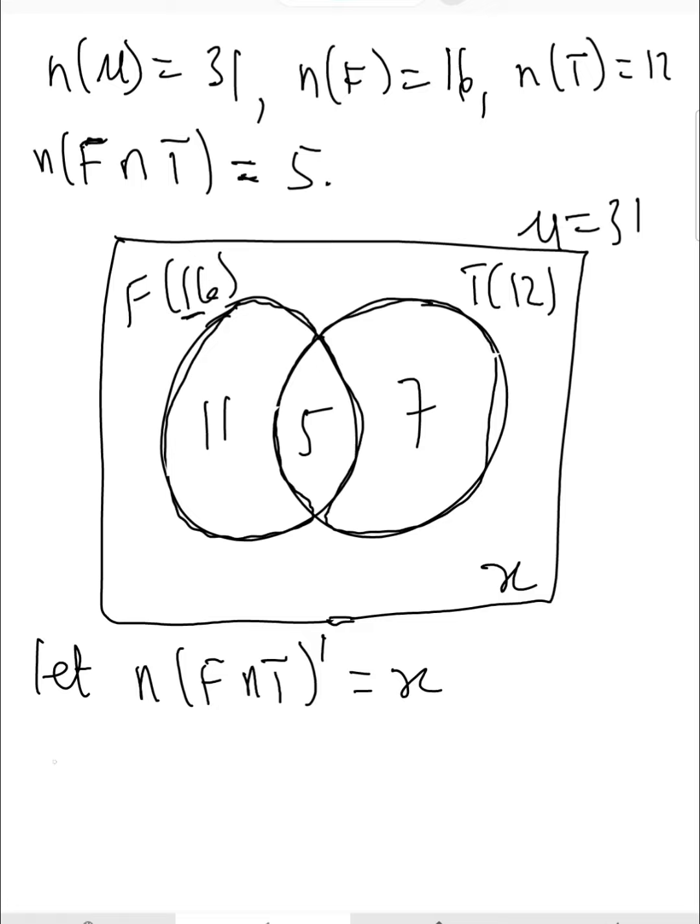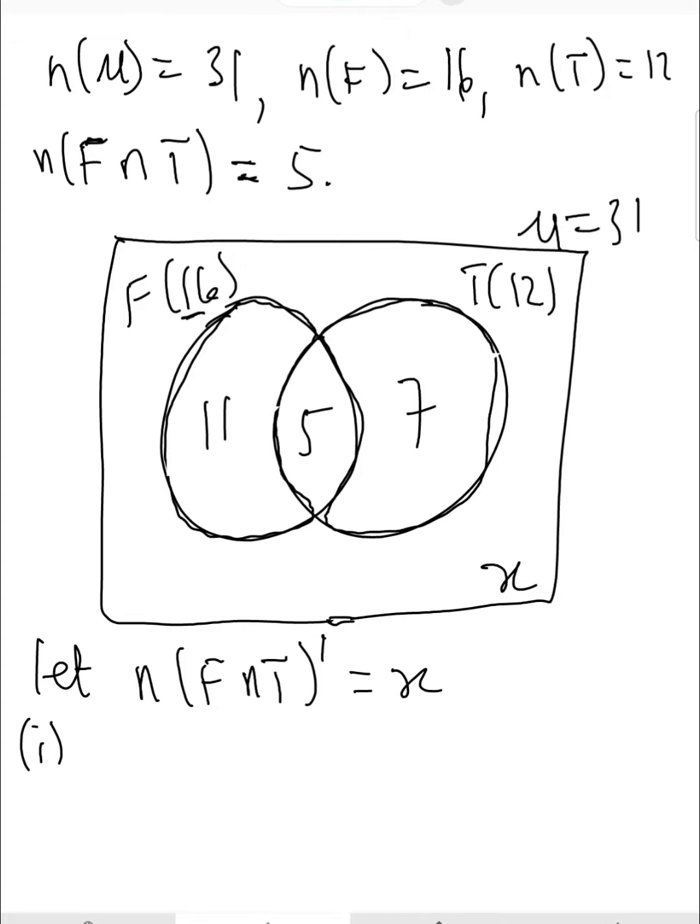Okay, so now let's look at our first question. We are looking at the number of students who play at least one of the games. At least one of the games means they play only one game or they play both games. That's the meaning. At least one means one or more. But in this case, how many games are we talking about?